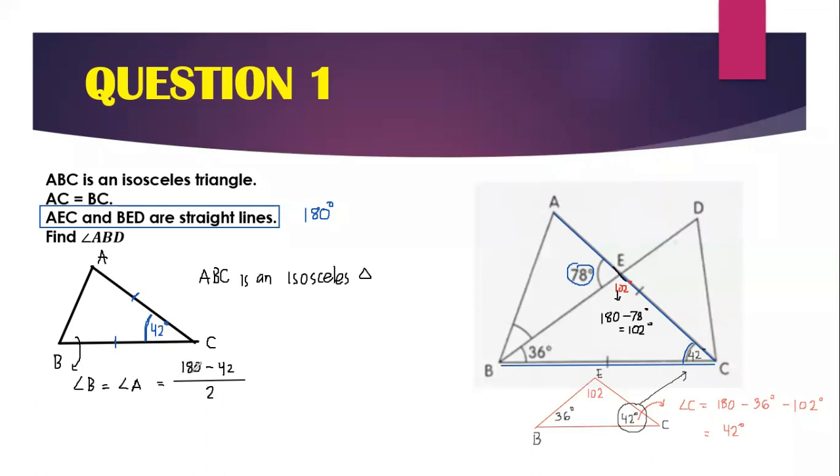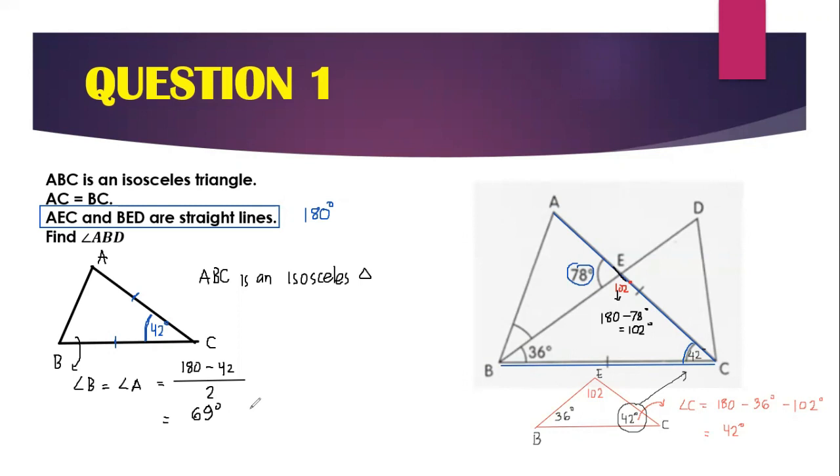The reason why divided by 2 is because angle B equals angle A. So we'll find 69 degrees. Angle B equals angle A, 69 degrees. Is it clear to you?